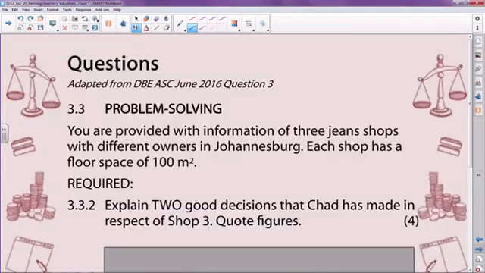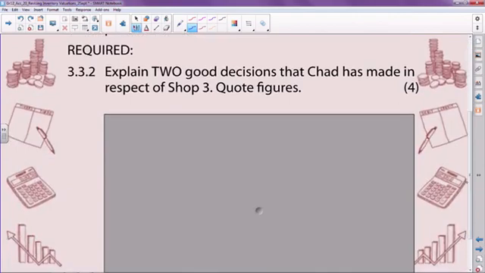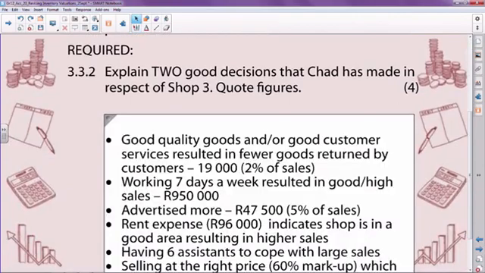Okay, grade 12s, 2 good decisions that were made by Ched. Let's see if you've identified them correctly. Here goes. One, a good quality of goods or good customer services resulted in fewer goods being returned.